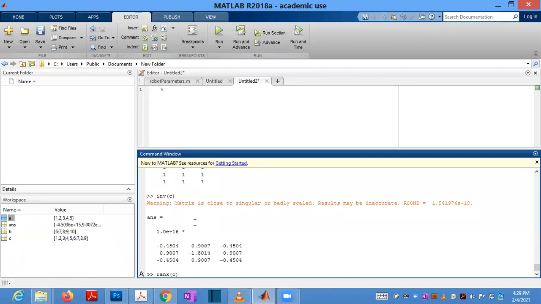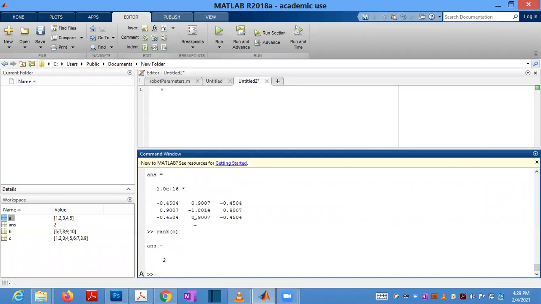Yes, the rank of C is 3, because the inverse exists. Then the rank should be 3. If the inverse does not exist, then the rank will be reduced.